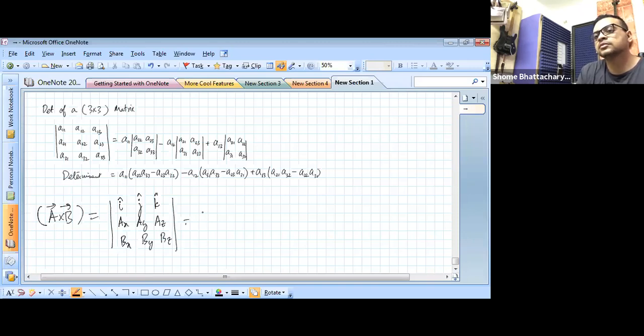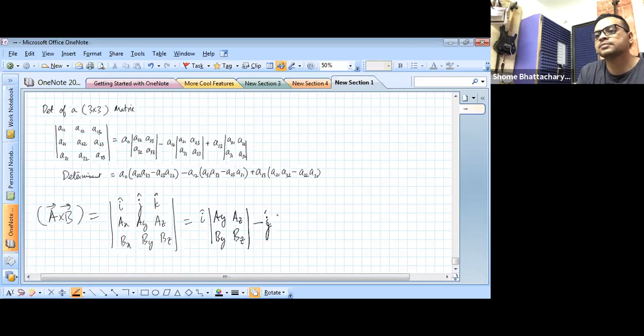Which will simply become, take i cap outside and multiply it with the determinant of this 2 by 2 matrix. So remove the first row, first column, and we're left with Ay, Az, By, Bz. Then a minus sign for the middle one, you have to remember.